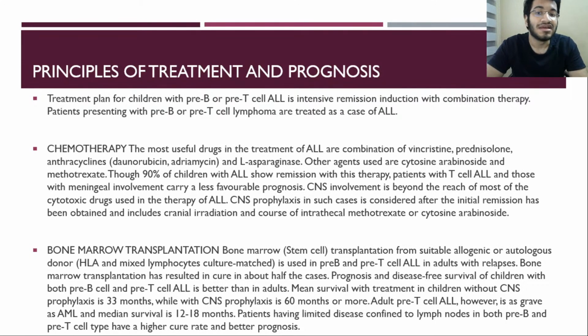Then chemotherapy. The most useful drugs in the treatment of ALL are the combination of vincristine, prednisolone and anthracyclines, and L-asparaginase as well. Other agents used are cytosine arabinoside and methotrexate.